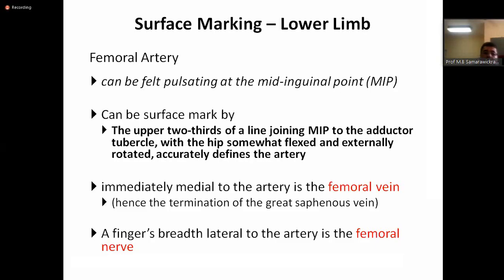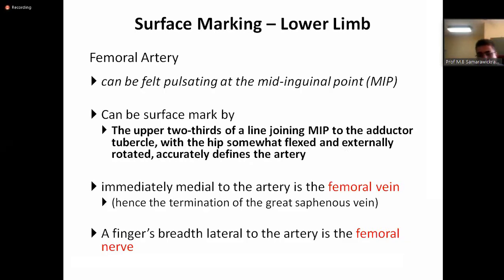So your femoral artery at its origin is at the midinguinal point, and the whole femoral artery you can surface mark by taking the upper two-thirds of a line joining the midinguinal point to the adductor tubercle with the hip somewhat flexed and externally rotated. Right, so it's the upper two-thirds of this line that corresponds to the femoral artery in the thigh.